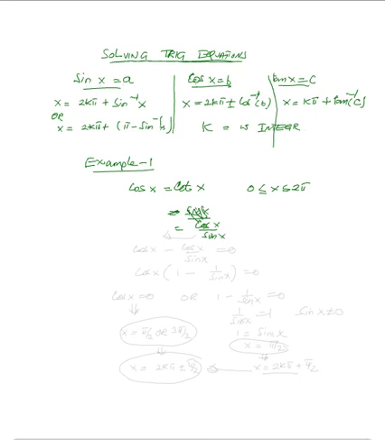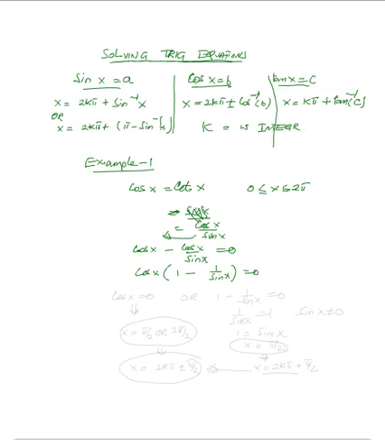Now, if I move cosine of x over sine of x to the left side, I will have cosine of x minus cosine of x divided by sine of x equals 0, and I can factor out cosine of x, giving in the parentheses 1 minus 1 over sine x equals 0.